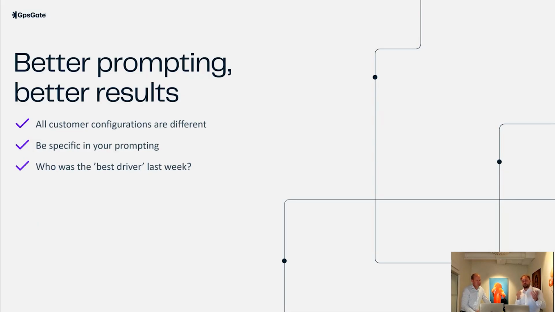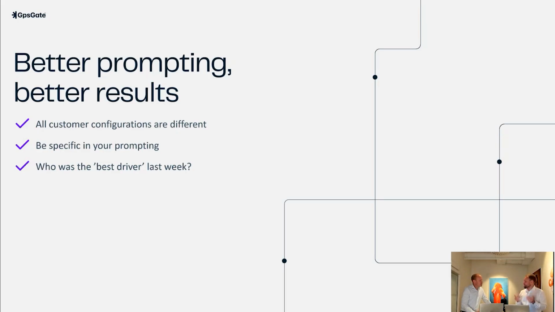So if you have something that you wonder, then state exactly that. It's important to be able to articulate exactly what you want. If you ask who is the best driver, we don't really know what you mean by best. Is it the one with the least speeding violations? Is it the one that has the most stops or whatnot? It depends on your business. So be specific.